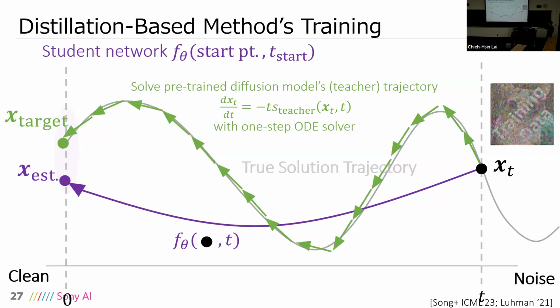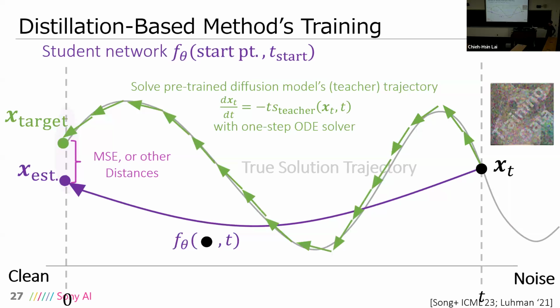With a pre-trained diffusion model, which we call the teacher model, we run the solver from any initialization until the very end, which produces the generation. Then we have a student model, which takes the same initial condition and learns to match the clean output. Sounds good?